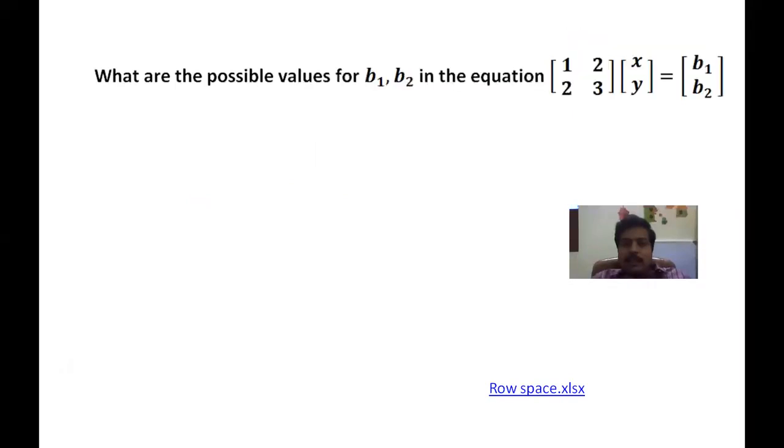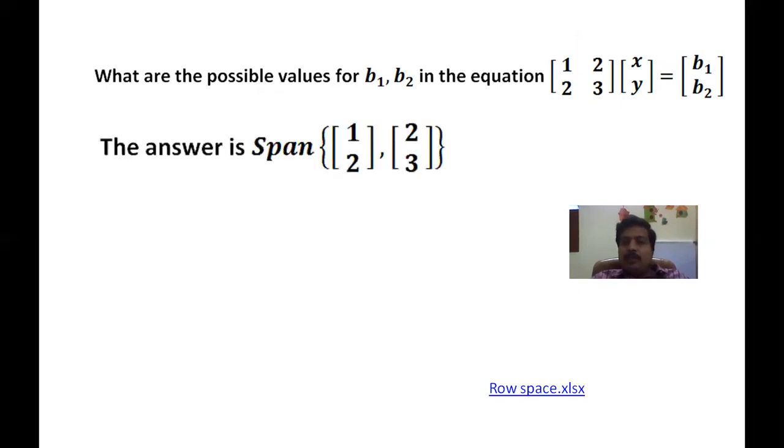And the question can be asked like this also: what are the possible values of B1, B2 in this equation? If I take different x and y, what can I get? The answer for all these questions is the span of (1, 2) and (2, 3), the columns of the matrix. So the values in the form of C1 times the first column vector (1, 2) and C2 times the second column.